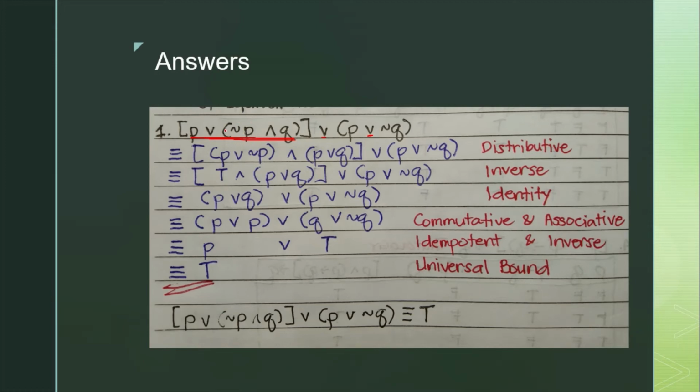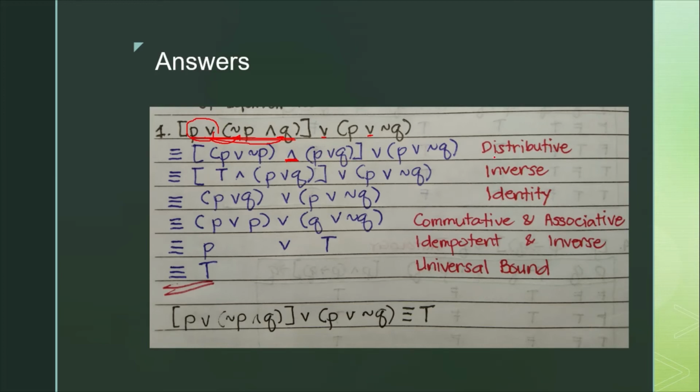That's because this is again not P, then we have Q. So if we distribute this one, we have P to here, so your result is P or not P. Then this one, you have P or Q. So take note that between not P and Q, it is in between when you use the distributive law.